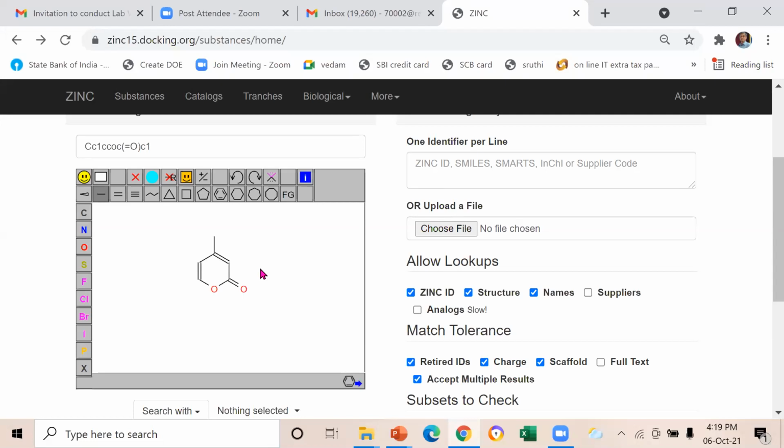So participants are writing in the chat box that it is a cyclic ester. No, not a cyclic ester.